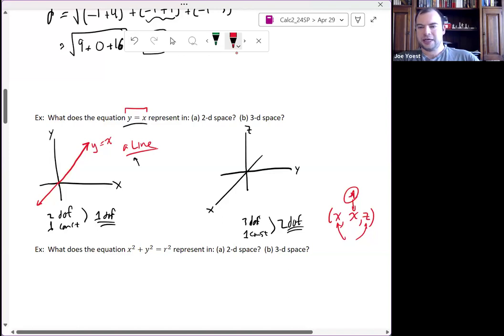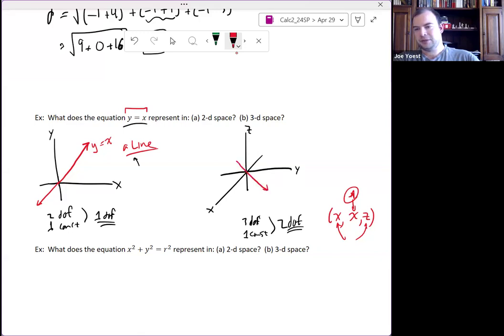So if I have y equals x, in the case when z equals 0, that's just this line. This line in the xy plane. This is when z equals 0. But in the case that say z equals 1, I just get a copy of that line, but 1 unit higher.